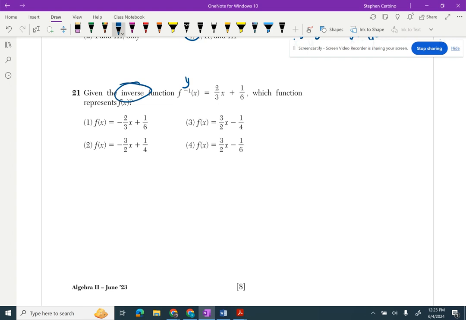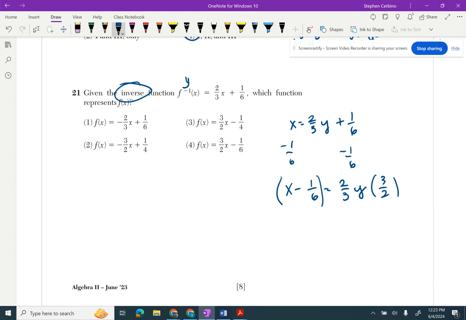So instead of it being y equals, I'm going to make it x equals 2/3 y plus 1/6. If we subtract 1/6, subtract 1/6, we get x minus 1 over 6 is equal to 2 over 3y. To get rid of 2 over 3, we multiply by the reciprocal to the entire other side, so 3 over 2.